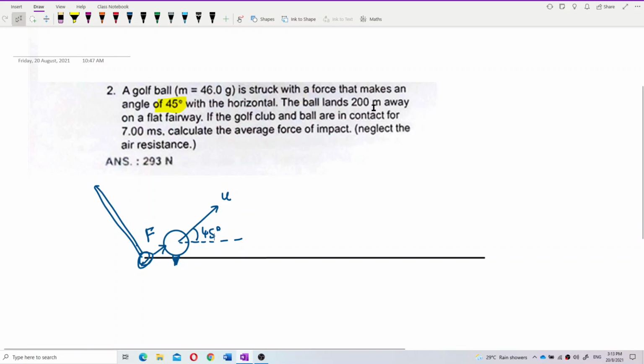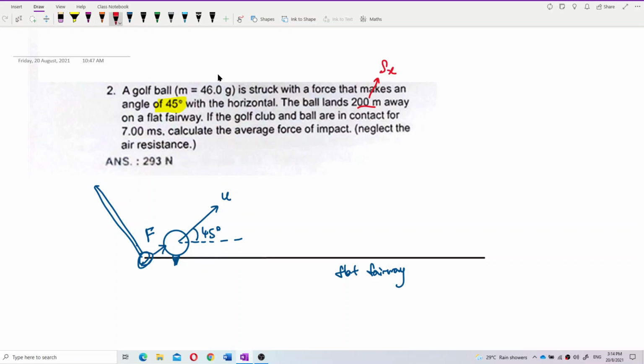This ball will land 200 meters away on a flat fairway. So this is the flat fairway, right? It lands 200 meters away. So this is supposed to be the x displacement.